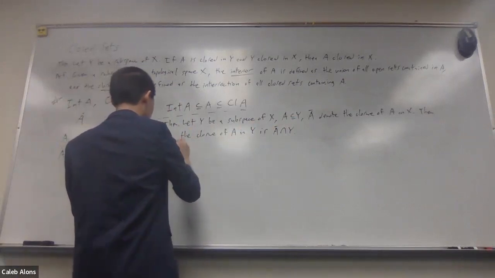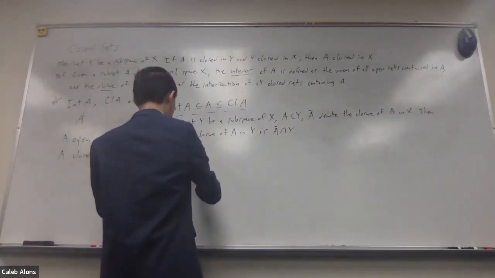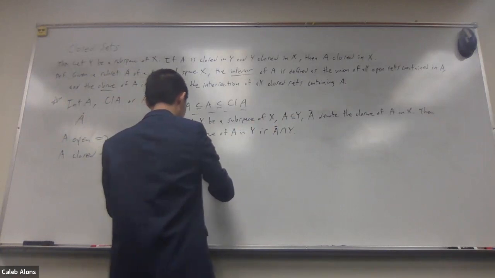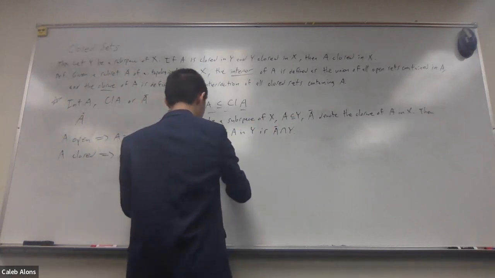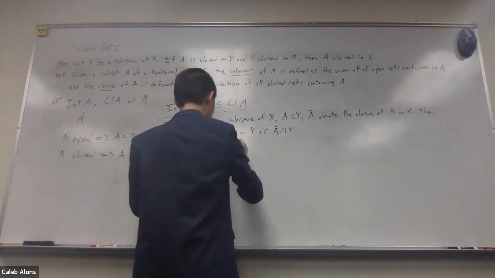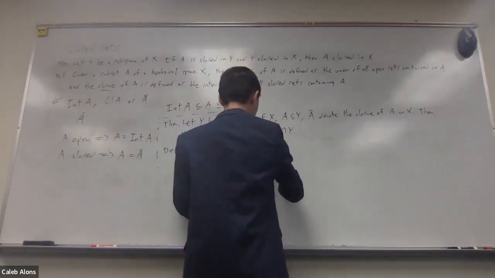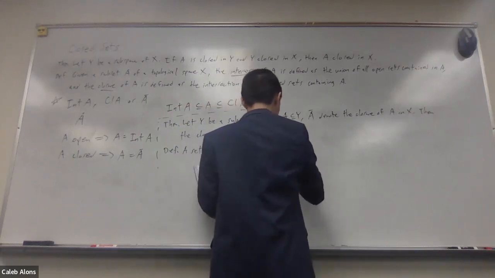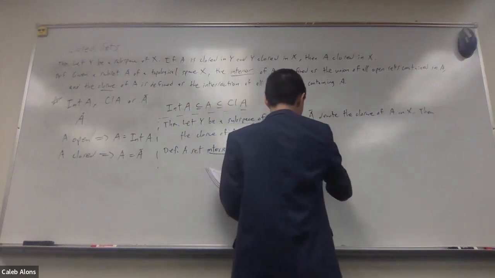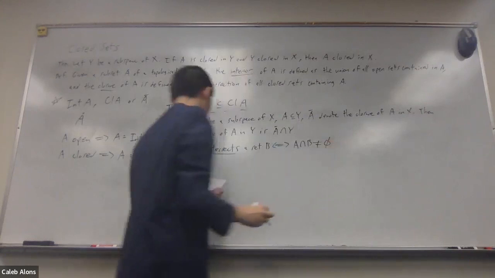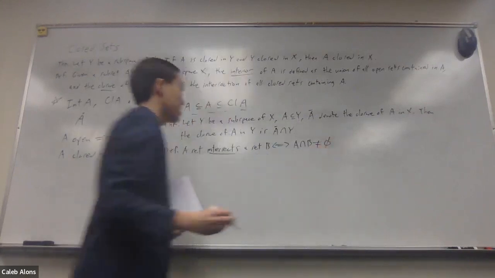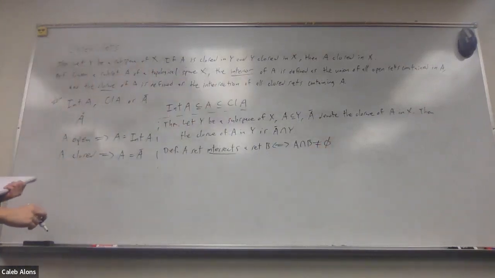And so the definition is: a set intersects a set B if and only if their intersection is not empty. So that terminology is going to be used to make things a little less wordy.